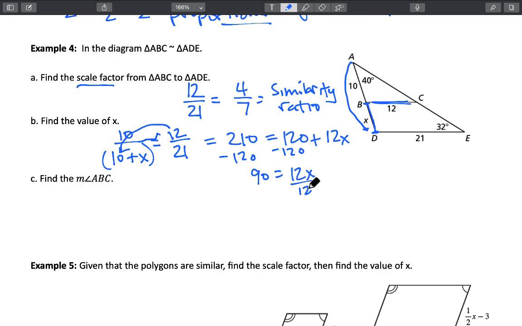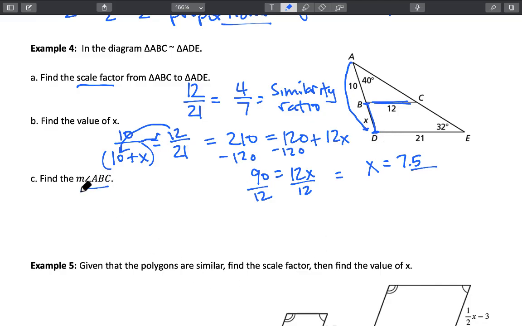Now divide off that 12. 90 over 12, x is going to have a value of 7 and some change, maybe 7.5. Sure, let's go 7.5. All right, so your value for x is 7.5.